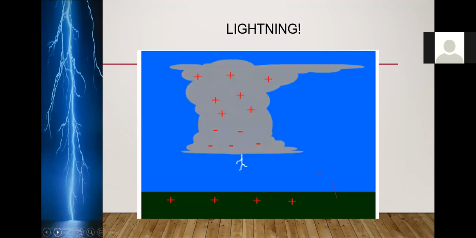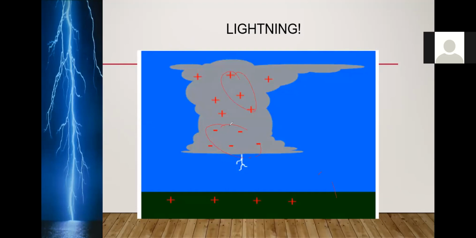So imagine this is a lightning phenomenon, and you have here the air molecules. The air molecules will start to be polarized. How? Some of the air particles will take the positive charge like that, and the others will take a negative charge like that.